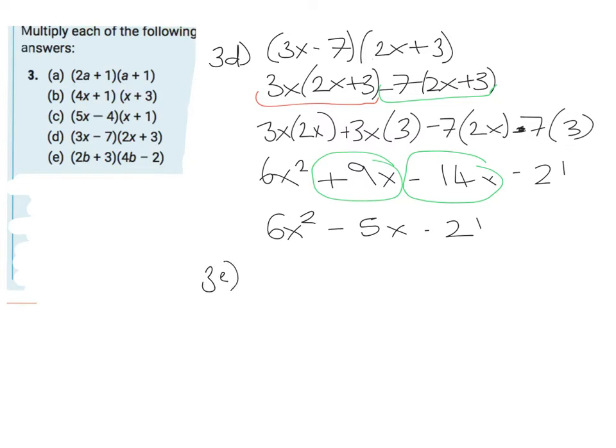3e then. We've 2b plus 3 and 4b minus 2. We split the first, and we repeat the second.